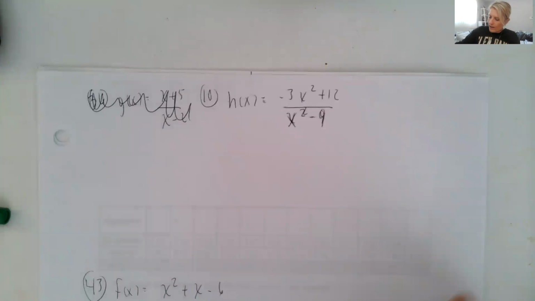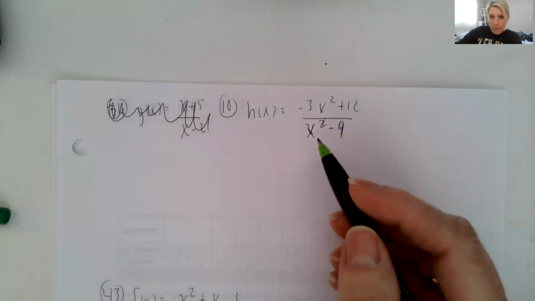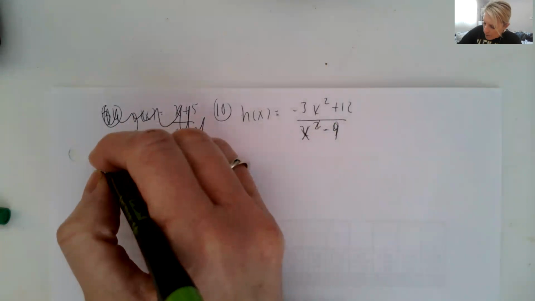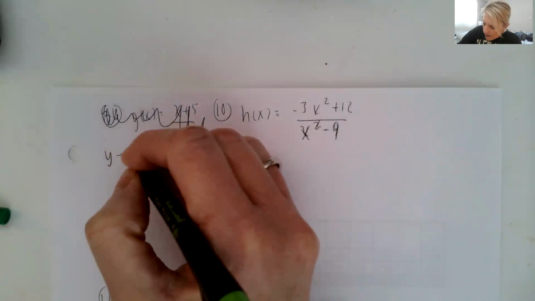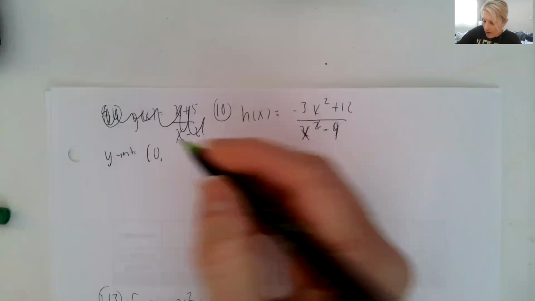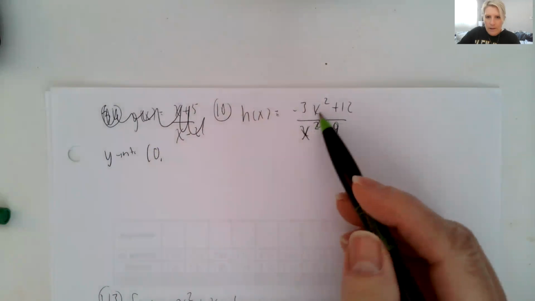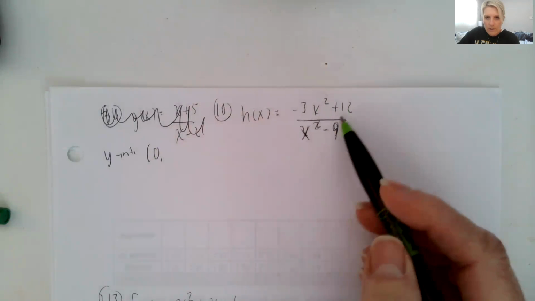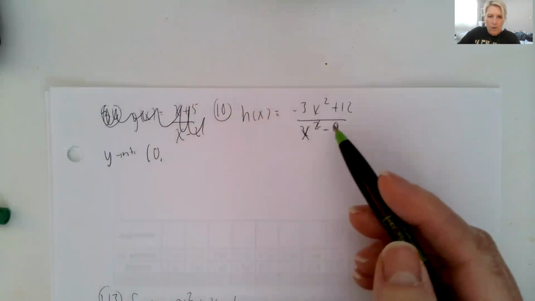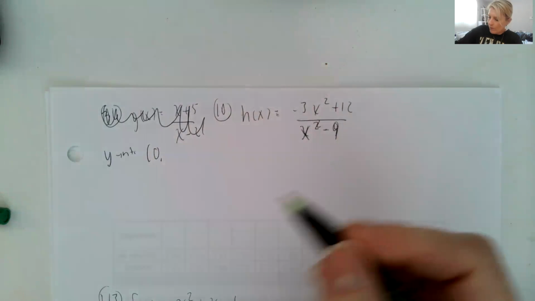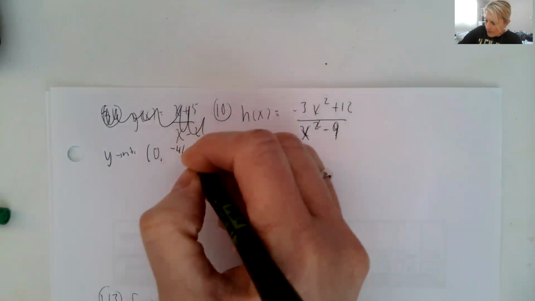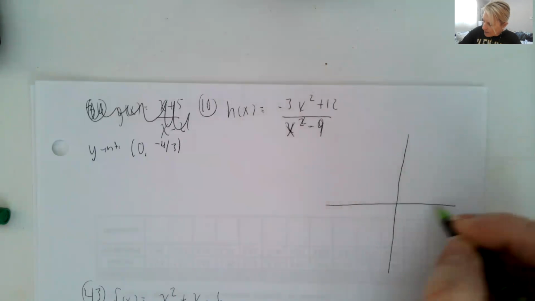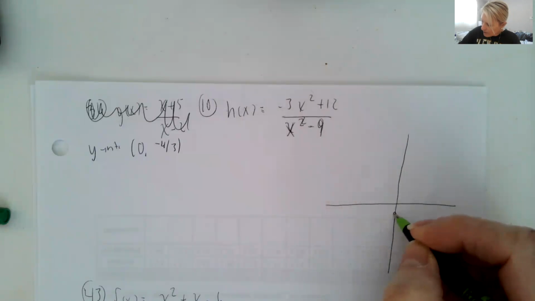So we can immediately put our y-intercept. I like that one because it's just when x equals 0. So when x equals 0, this goes to 0, and we have 12, and this goes to 0. So 12 over -9, which is -4/3. So we can kind of start getting a graph going here. So 0 and -4/3.